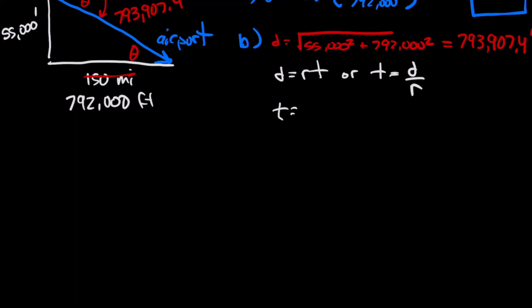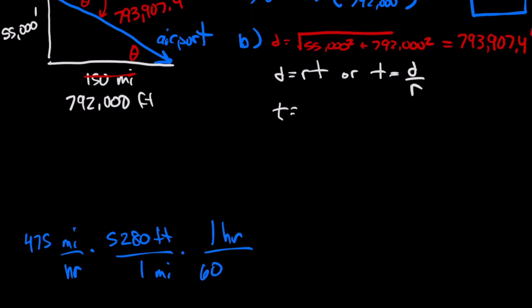That's not too hard. We've done this before. Down below somewhere, 475 miles per hour, and let's do that conversion. Times 5,280 feet in 1 mile, times 1 hour over 60 minutes, times 1 minute over 60 seconds.